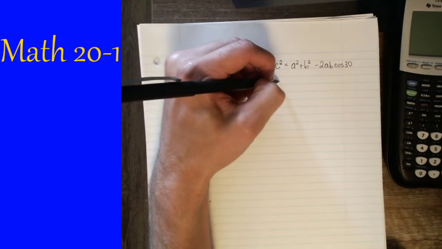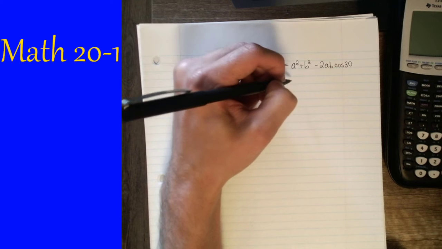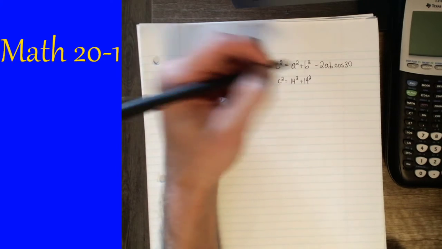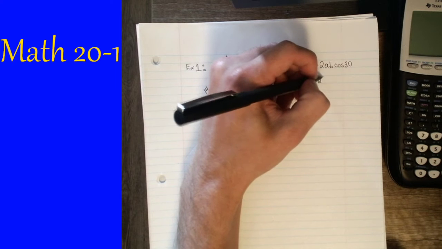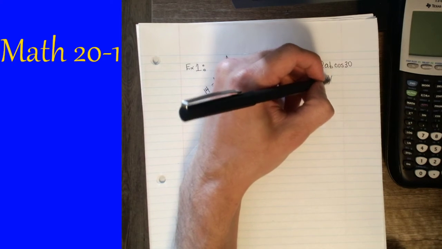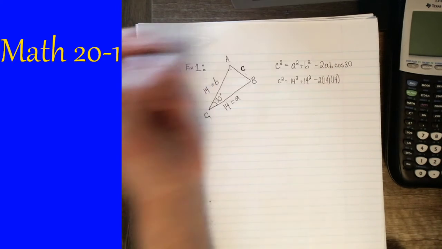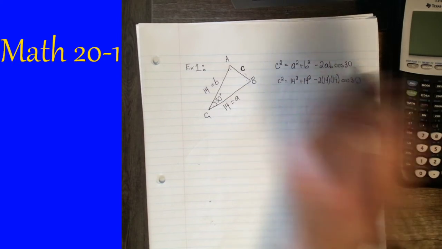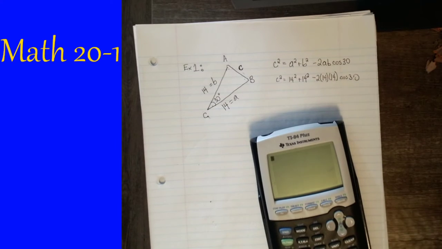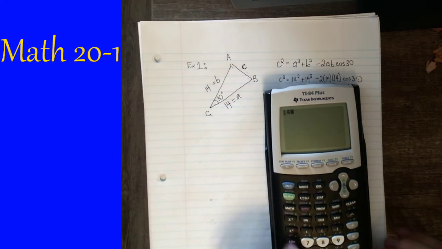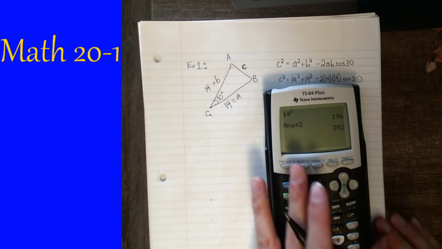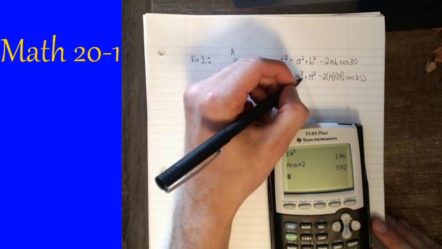Okay, so C squared is equal to 14 squared plus 14 squared minus 2 times 14 squared, essentially, cosine 30.